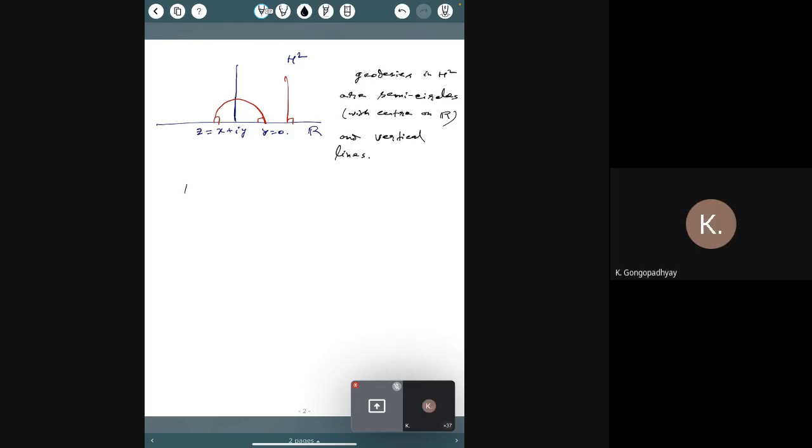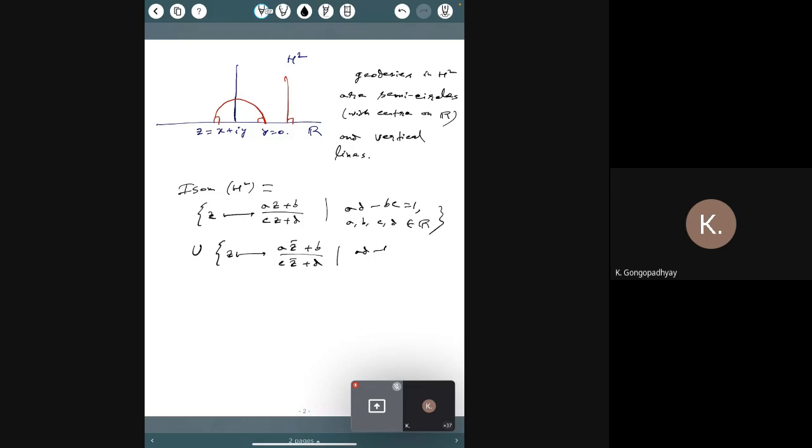So the group of isometries of H2 consists of z goes to (az plus b) by (cz plus d), with ad minus bc equal to 1, a, b, c, d in R, union z goes to (a z bar plus b) by (c z bar plus d), such that ad minus bc equal to minus 1. Or maybe you can take it 1, okay, no problem.